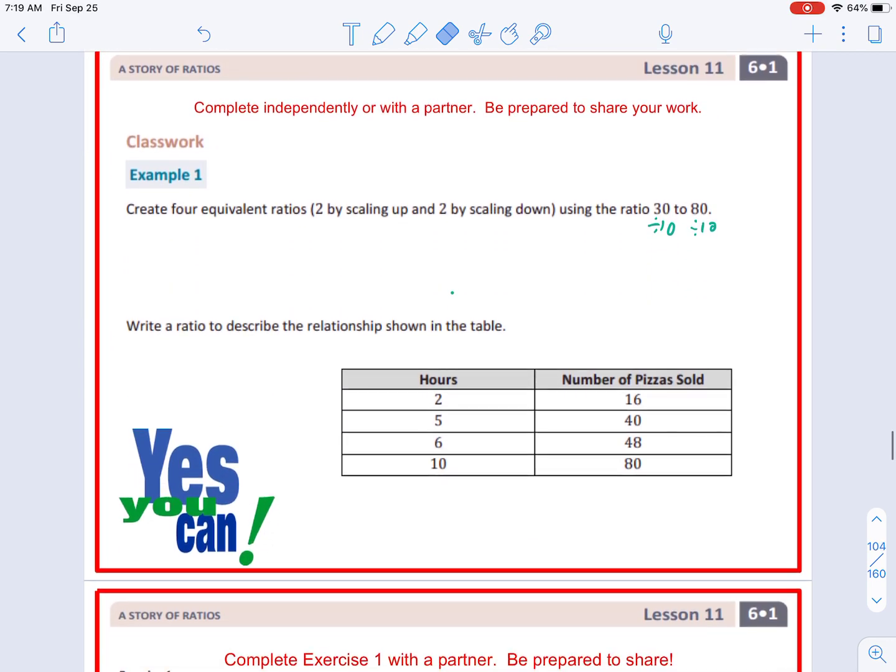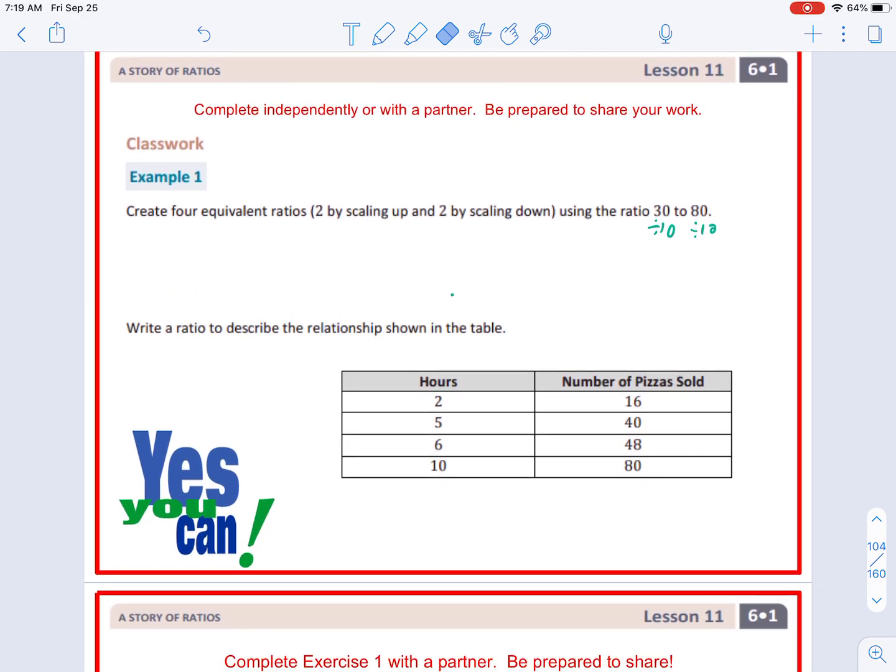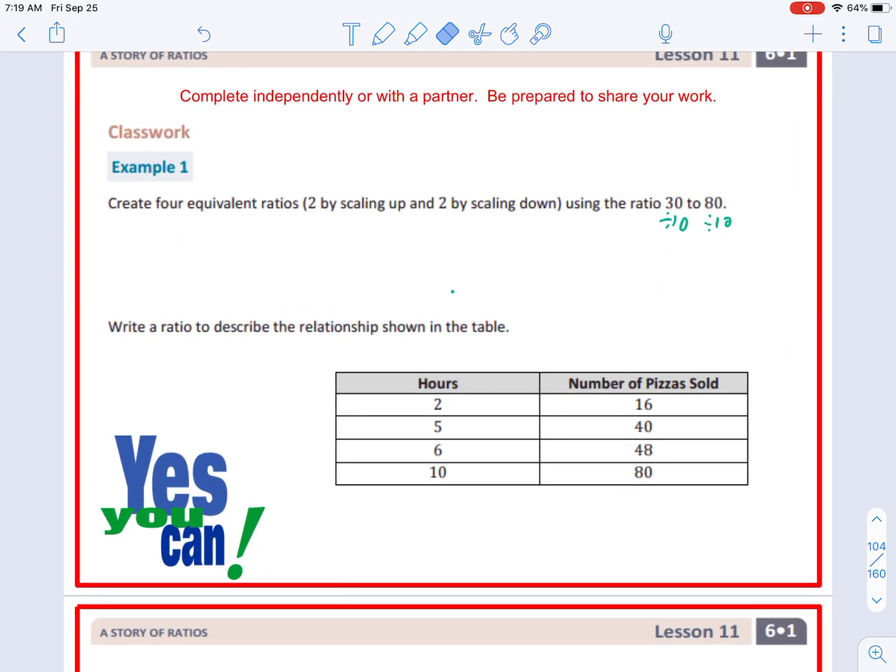All right, so let's look at example 1. It says create 4 equivalent ratios, 2 by scaling up and 2 by scaling down, using the ratio 30 to 80. So if I have 30 to 80, and I want 2 scaling up and 2 scaling down, you can make a ratio table, or you can multiply both numbers by the same number.